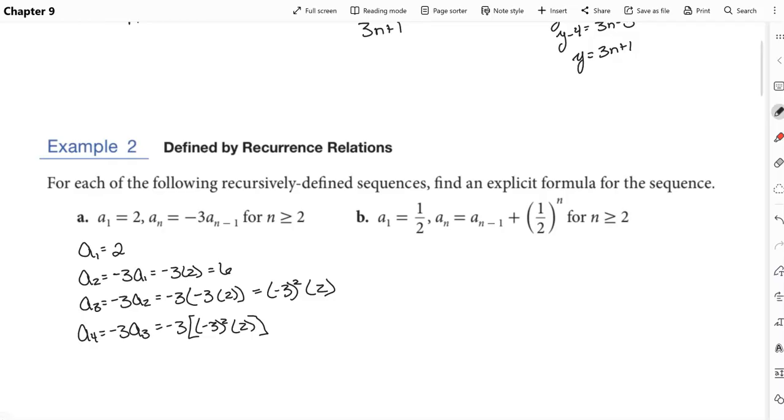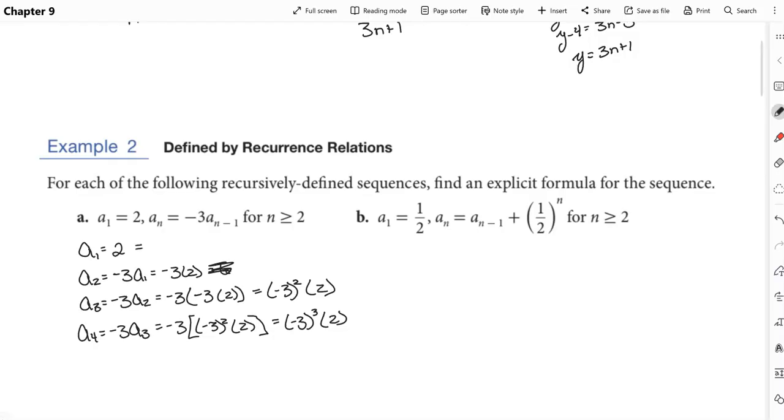Okay, I noticed I didn't multiply that out. A lot of times you don't want to go that far because it's easier to see the patterns if you leave the terms multiplied together. So that's why I scribbled out that negative 6. It didn't really help us in that next step. So now I have negative 3 times negative 3 squared, which is negative 3 cubed times 2. So you can see the pattern happening here.